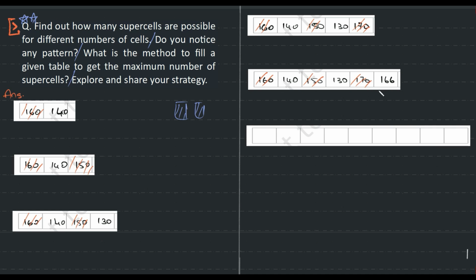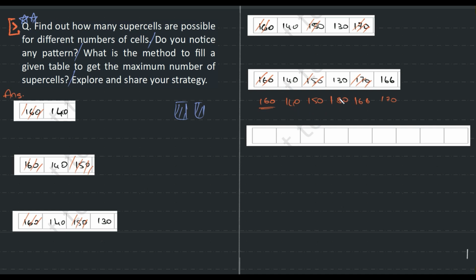Again, I'm trying to look at different possibilities. So if I make this 160 itself, and this is 170, this is 166. If I want to make this a supercell, say 180, this has to be lesser. So let it be 150 itself. And since this is a supercell, it has to be lesser than this. Whatever I do, this has to be less than 160.